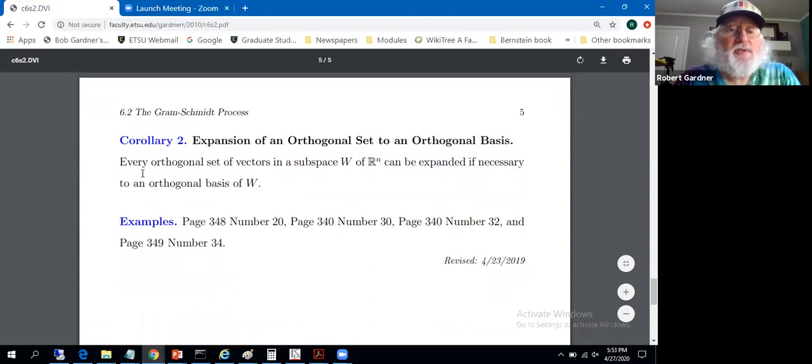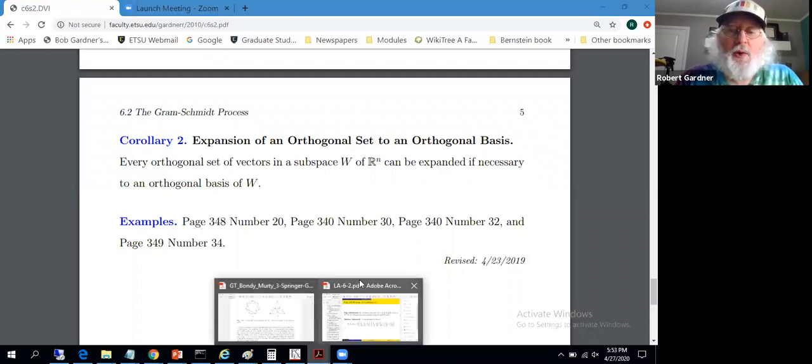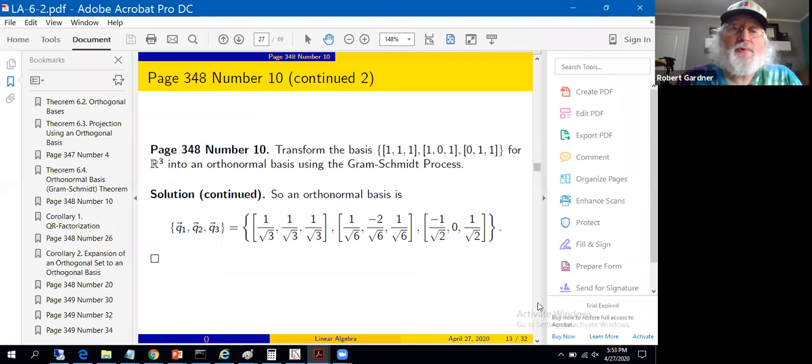And that's exactly what the statement is. Every orthogonal set of vectors in a subspace W of Rn can be expanded, if necessary, to an orthogonal basis of W. Okay, so I guess they left orthonormal out. We could put normal in there as well. But every set of orthogonal vectors from Rn can be expanded to a basis of a subspace W. All right, that with what we know isn't hard to establish.